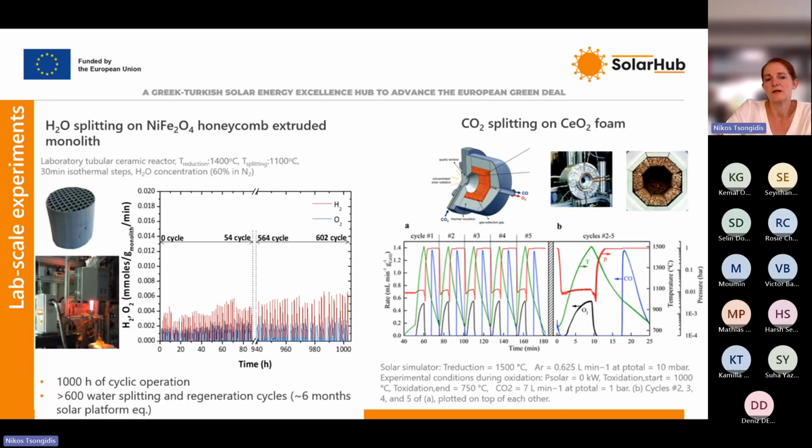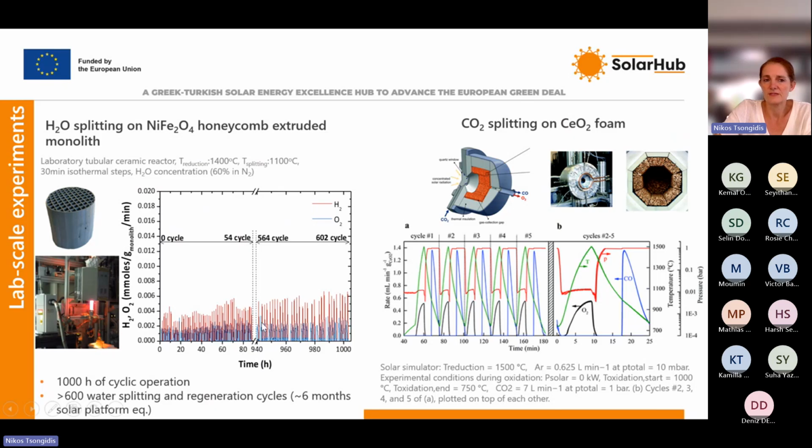Another example is structures that have been tested for assessing the durability, under multiple consecutive splitting cycles, again in small scale at the lab or under simulated conditions using a solar simulator.